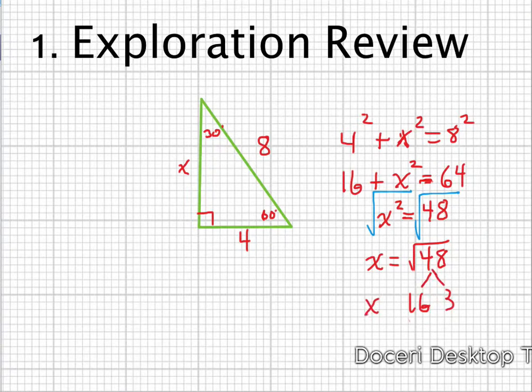So that means my x is equal to the square root of 16 times the square root of 3. What's the square root of 16? That's right, it's 4. So this is going to be 4 times the square root of 3. Can I take the square root of 3 perfectly? No. Good job. So that means this is my value for my x.